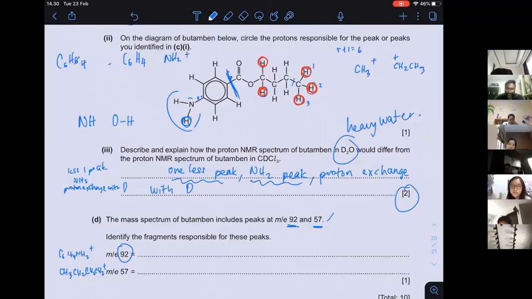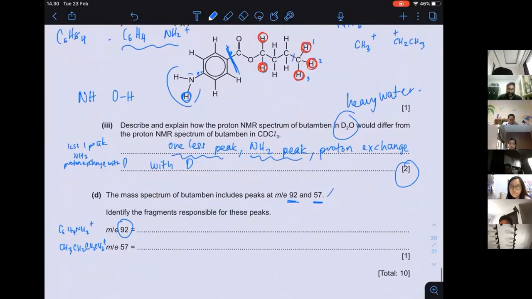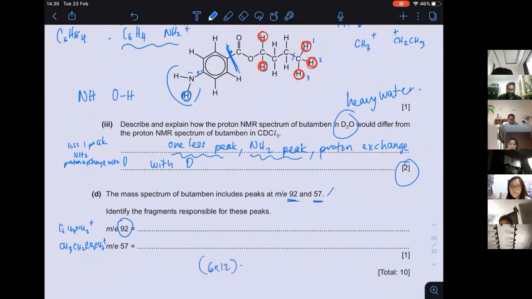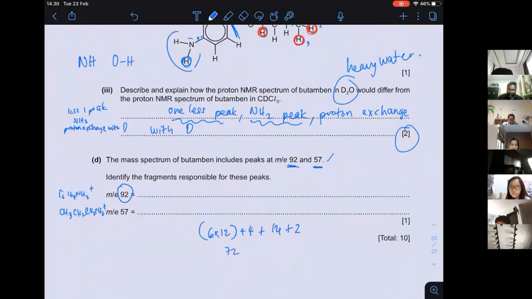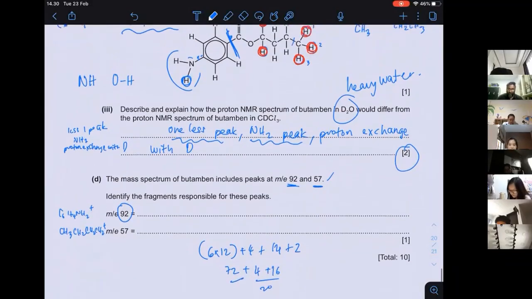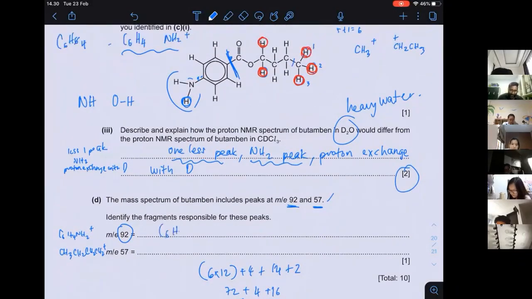See what you get: C6H4 and NH2. So 6 times 12, you can use your calculator, plus 4, plus 14, plus 2. You get 72 plus 4, plus 16, so 92. So you have C6H4NH2 plus. This is the answer for that.